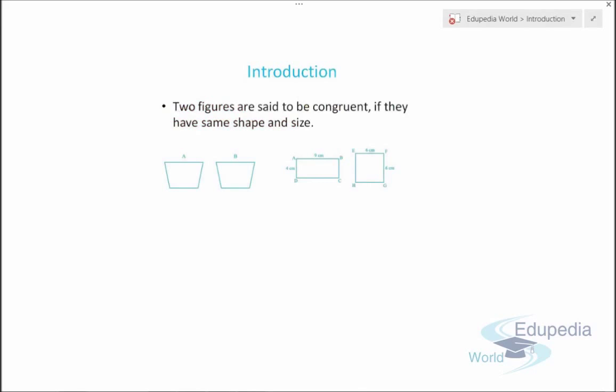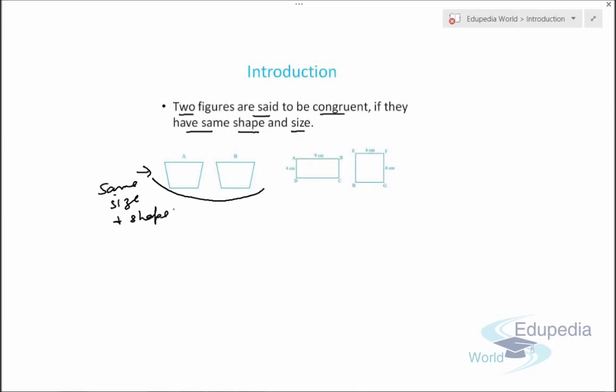Now, the introduction says that two figures are said to be congruent if they have the same shape and size. So let's see the first figure. If you see this figure properly, they are exactly of the same size and shape.